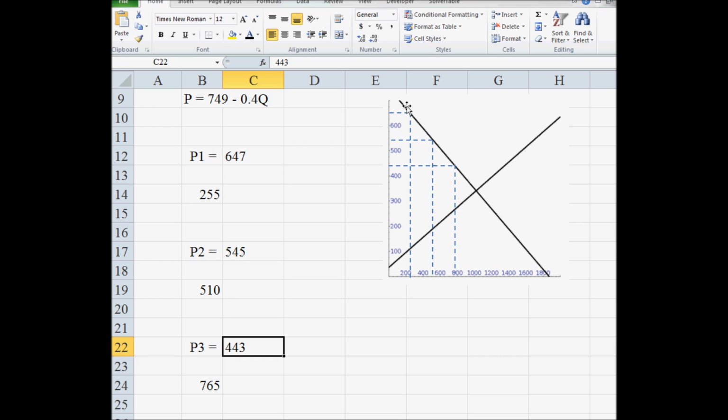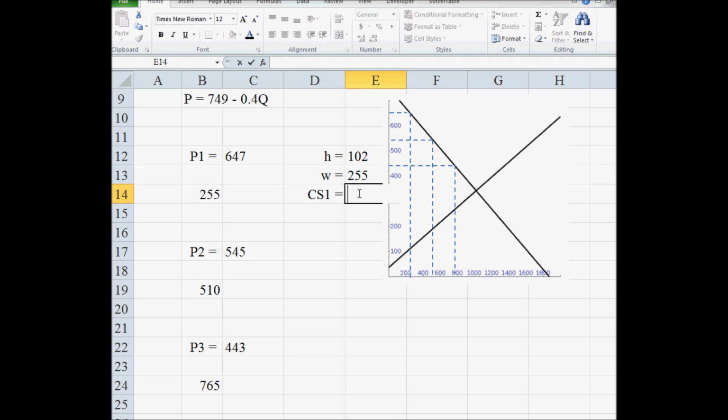The width of this triangle is that first quantity, 255.